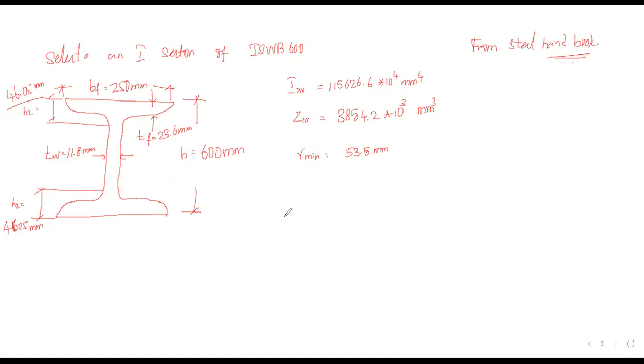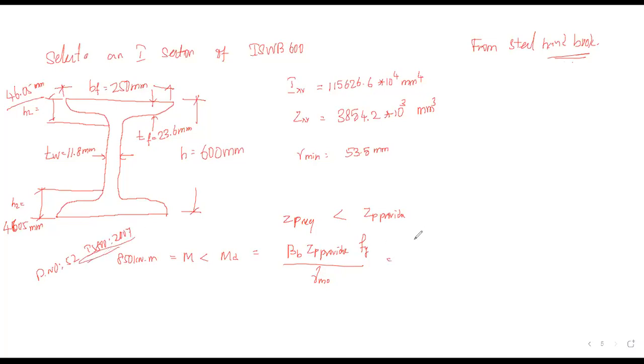Now let us move on to the check. ZP required should be less than ZP provided. Now we have the condition that M should be less than MD, whereas M is equal to 850 kilonewton meter. But MD we have to calculate, that is beta B ZP provided multiplied with Fy divided by gamma M naught, from page number 52 of IS 800 2007.